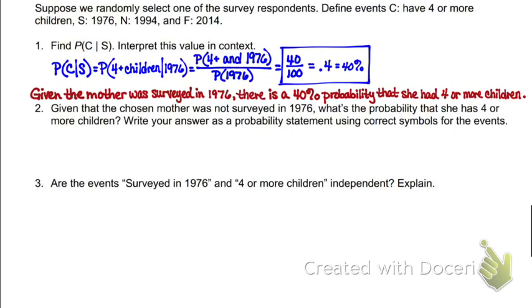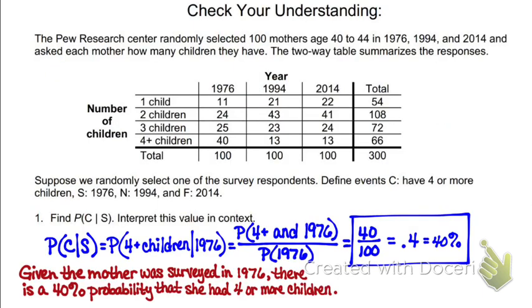Given that the chosen mother was not surveyed in 1976, what's the probability that she has 4 or more children? Go back and look at the table. Given that she was not surveyed in 1976 means that I would want to look where on the table? 1994 and 2014.